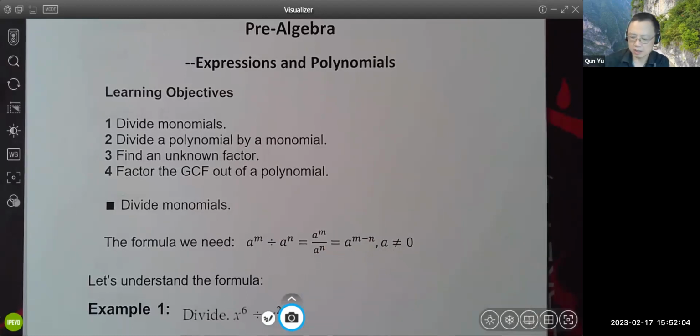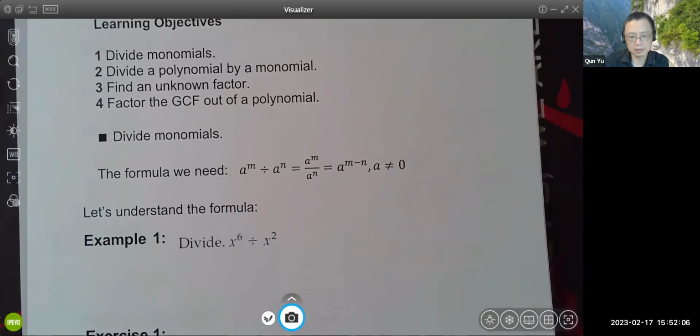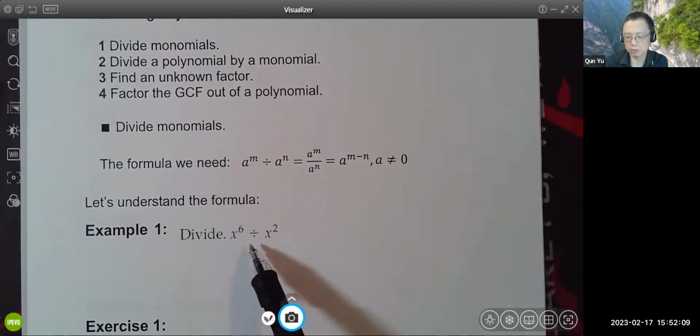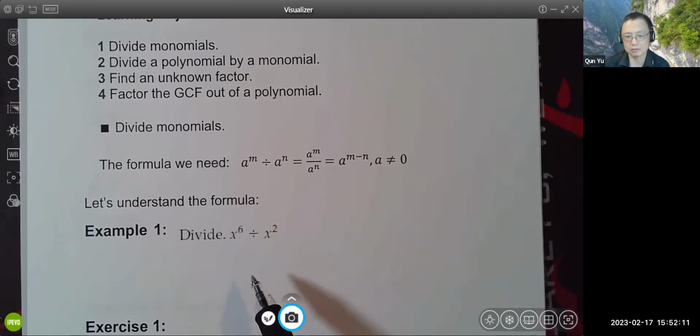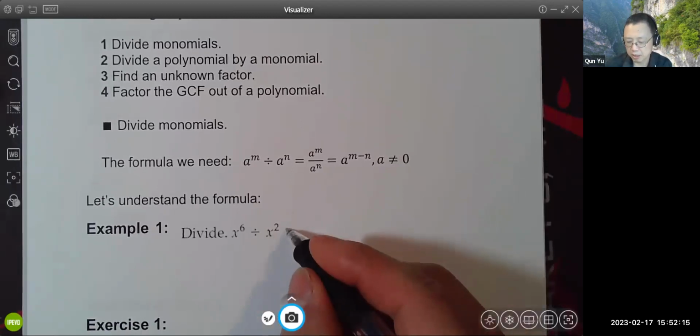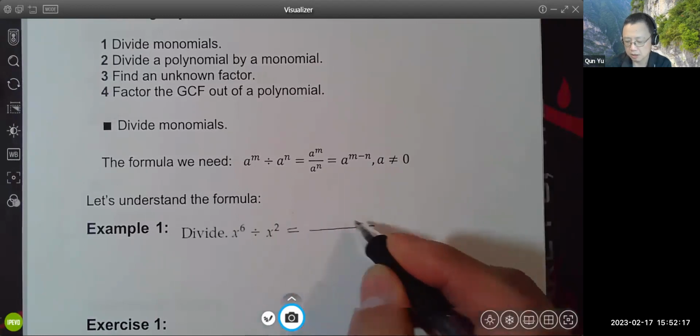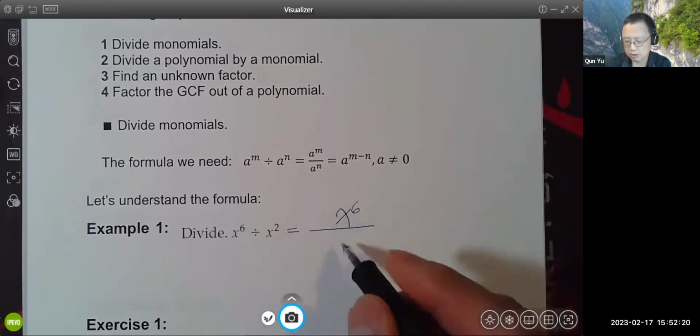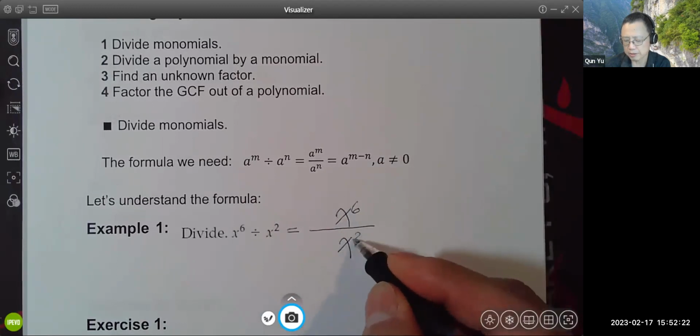Okay, now let's understand this formula using this example and also make sense of it. First, this division can be written in fraction form, x to the 6th power divided by x squared.